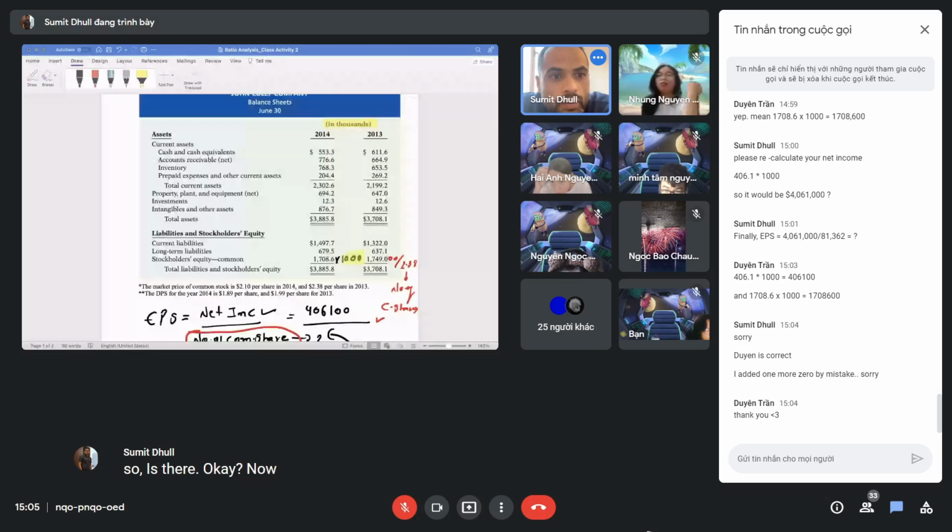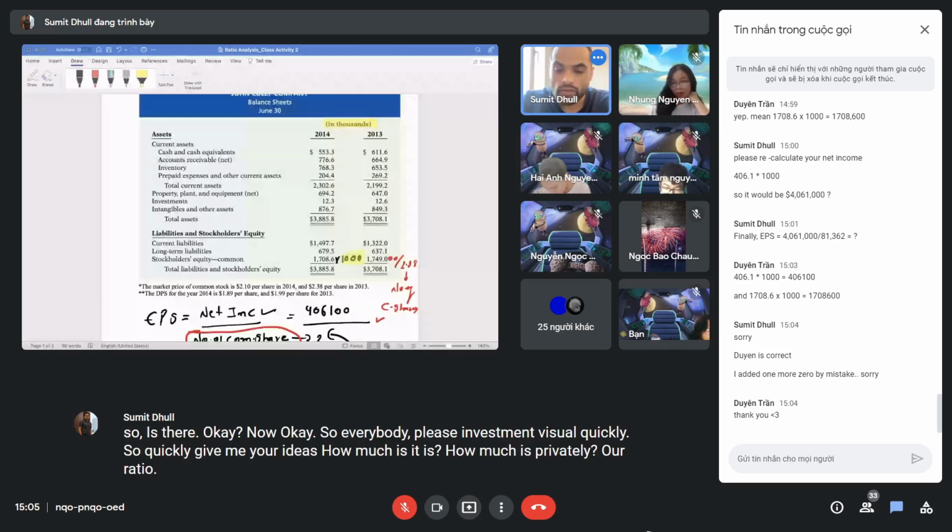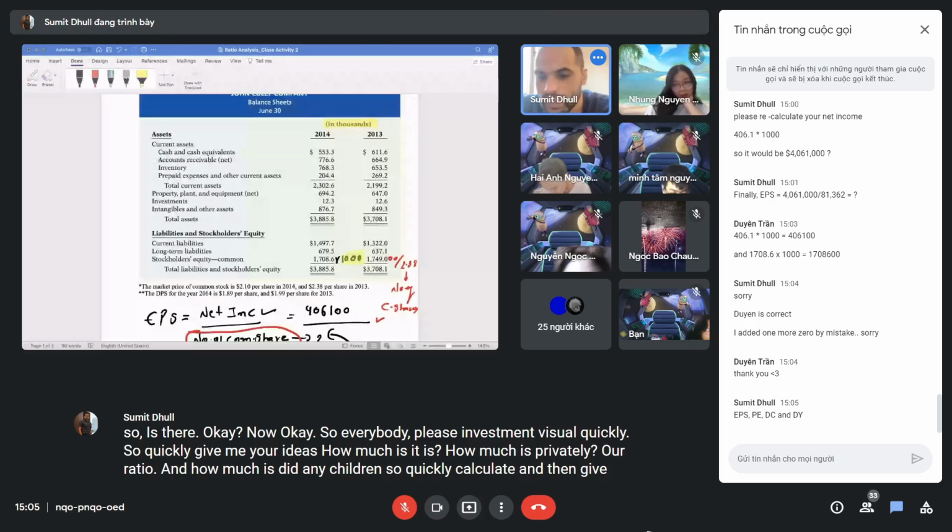Okay, so everybody, please share investment ratios quickly. Quickly give me your EPS. How much is EPS? How much is the price earning ratio? And how much is the dividend yield ratio? So quickly calculate and then give me these four ratios.